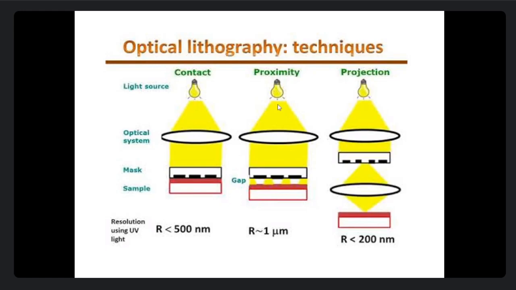Now, reducing lambda, first of all, you have to replace the light source. That means you probably have to replace this light source with one having much higher brightness.